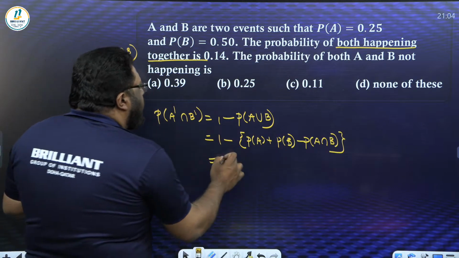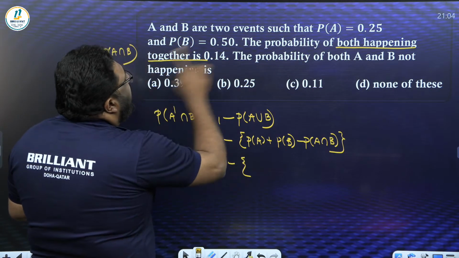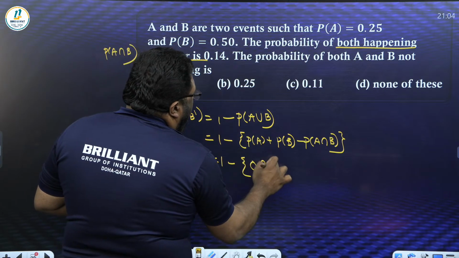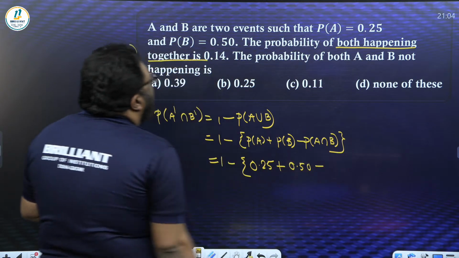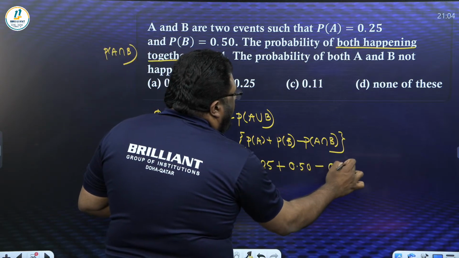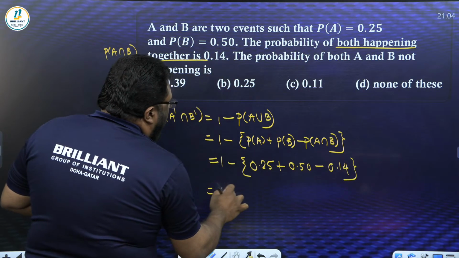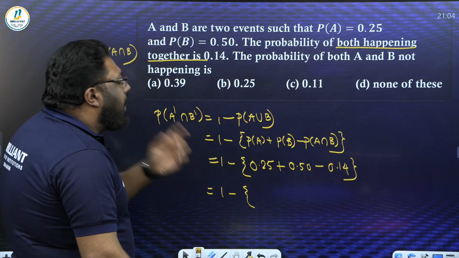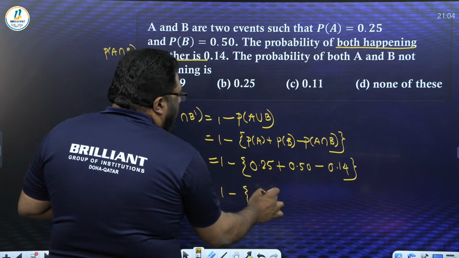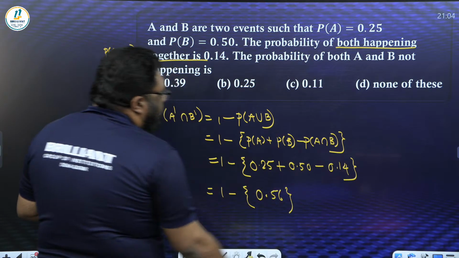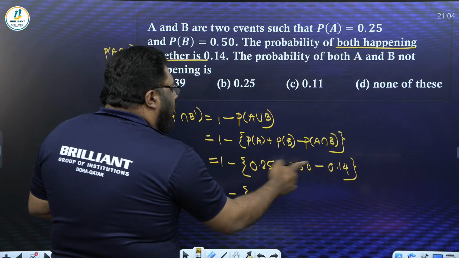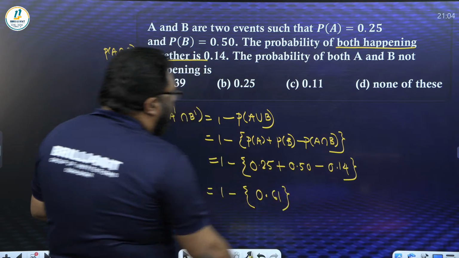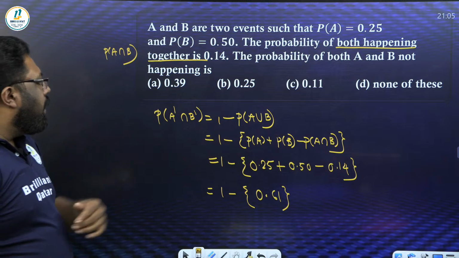We have done a question like this already, but since they gave it in terms of words, I picked it up. Okay, so 1 minus P of A 0.25, P of B 0.50 and P of A intersection B 0.14. So add and subtract. 0.75 minus 0.14, sorry, 0.61.